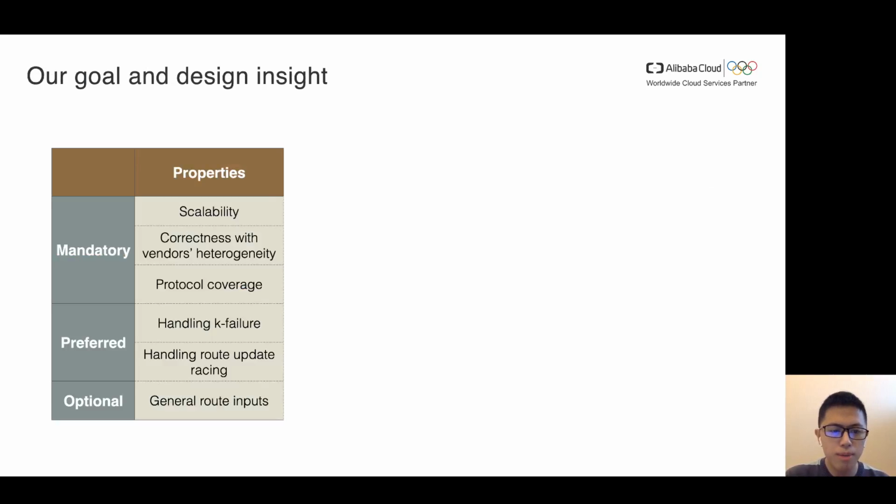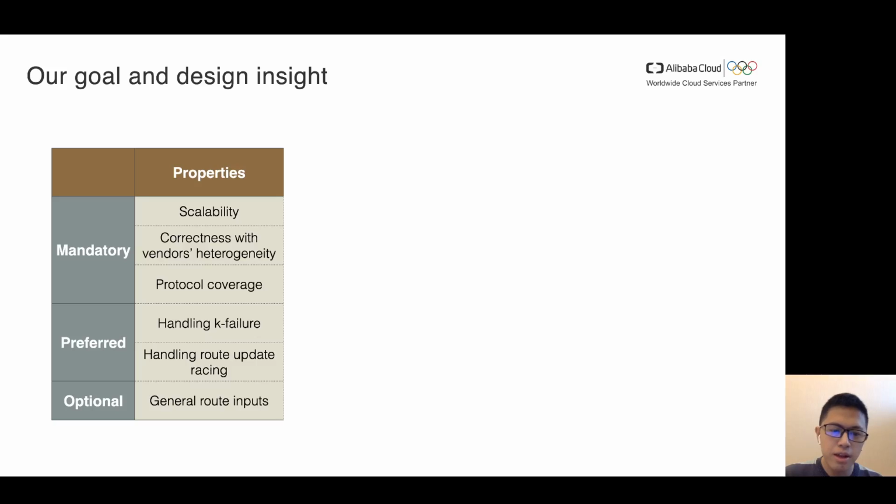Before I show you how we build our verification system to address the above challenges, I present our goal and design insight based on our operation experience. What capabilities are our operators interested in? As shown in this table, our operators list 6 key properties for verification and classify them into 3 groups.